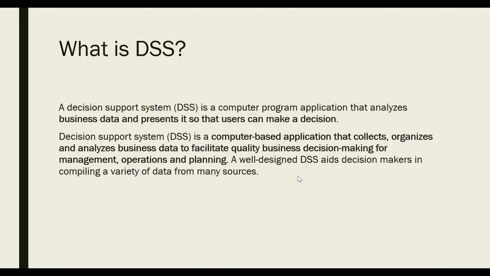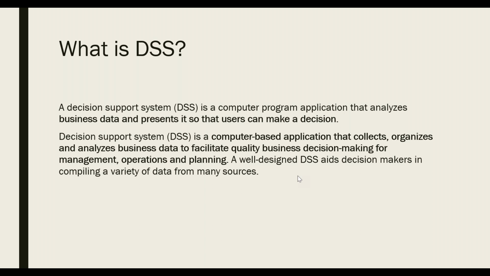Further, then what's DSS? Understanding a decision support system. It is a computer program application that analyzes business data and presents it so that users can make decisions. So it's a piece of code which helps you analyze the data and gives you a set of decisions which you can consider.